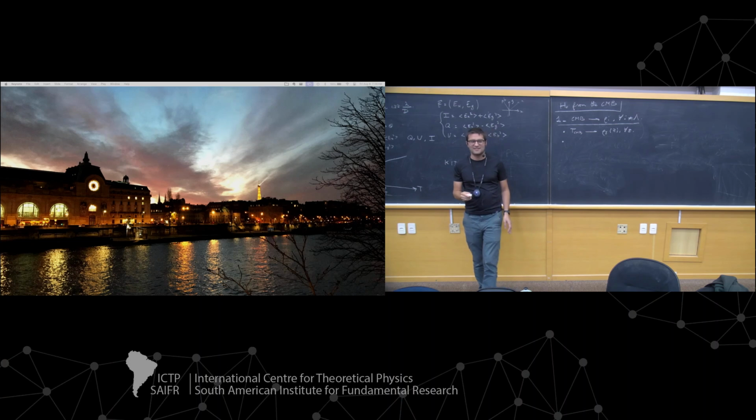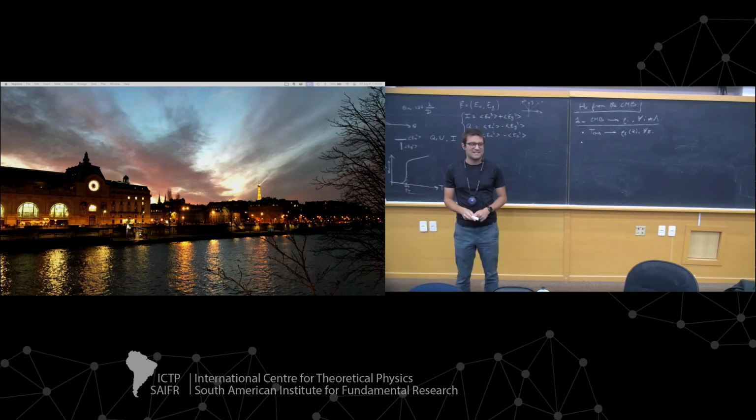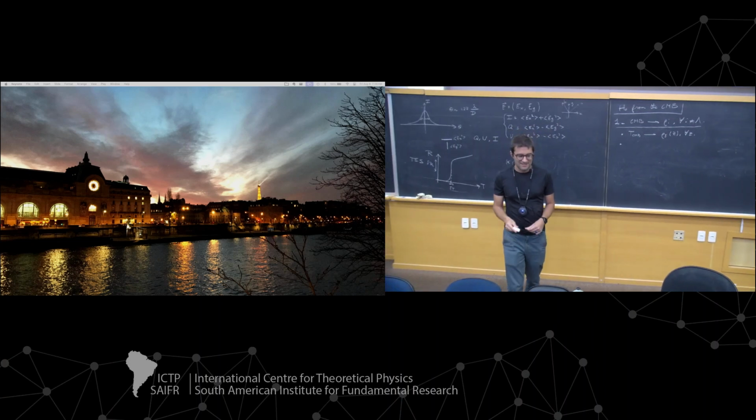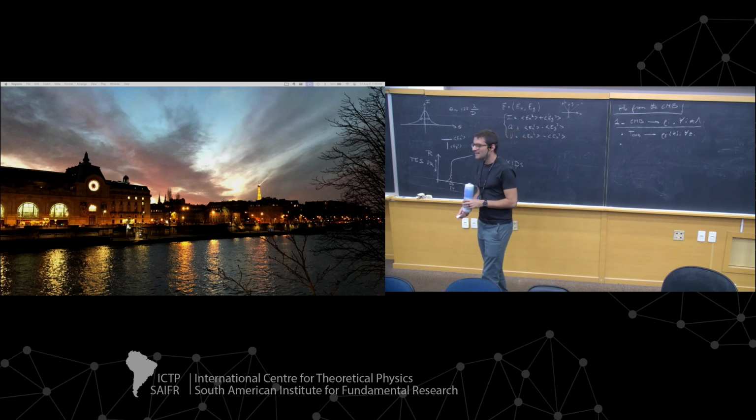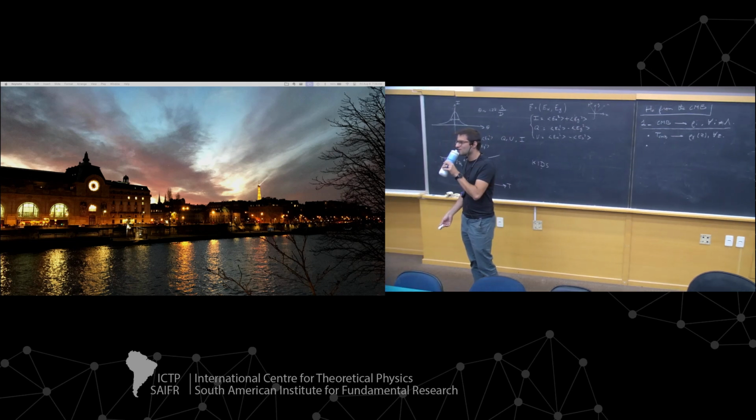How do I learn about the other energy densities? Does anyone remember how to learn about matter or baryons from the CMB? From the acoustic peaks, yes. And what specifically? Right, and so which property of the acoustic peaks tells us about the baryon abundance?